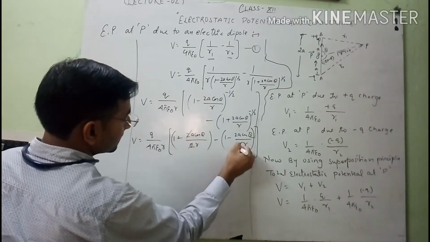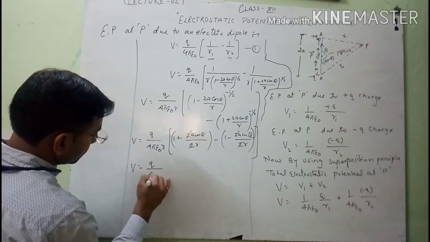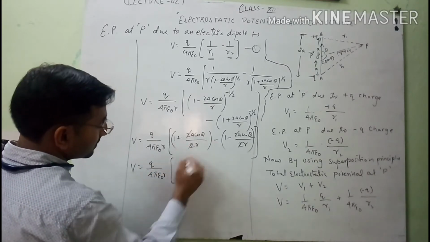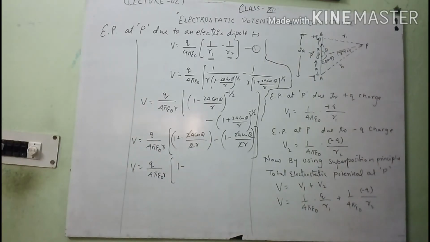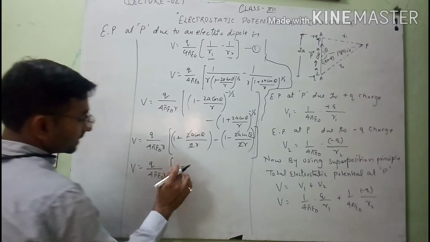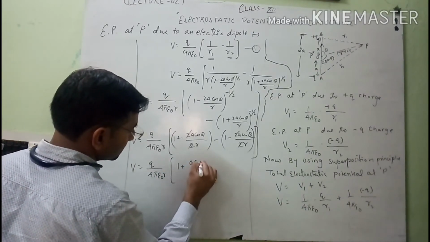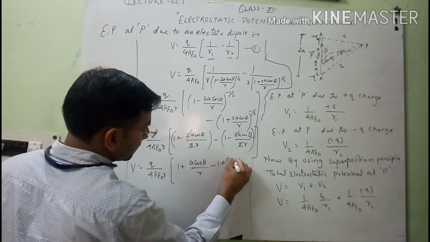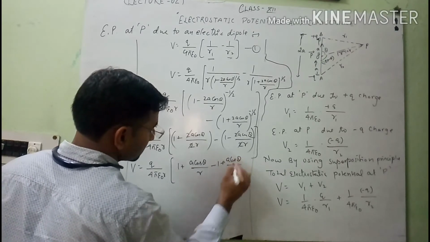So 2 to 2 cancel. So we get V is equal to Q over 4 pi epsilon naught of R. After solving this, 1 minus A cos theta upon R minus 1 plus A cos theta by R. This is our cos theta.